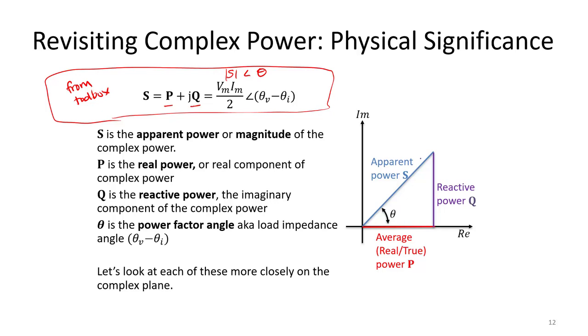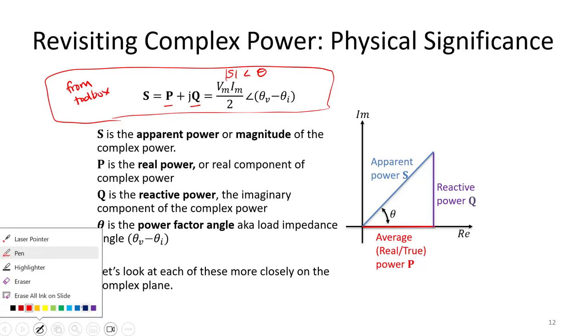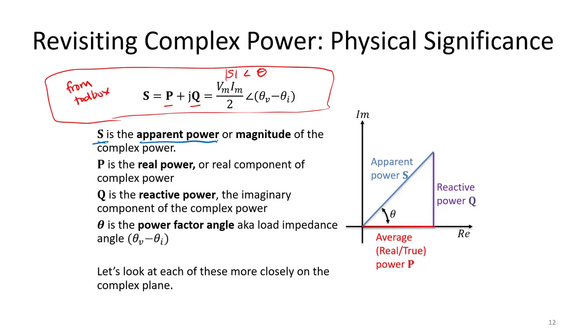So S is our apparent power, or the magnitude of the complex power. You can see in this phasor diagram, it's basically the hypotenuse of the triangle, or basically the magnitude of the complex power phasor in polar form.